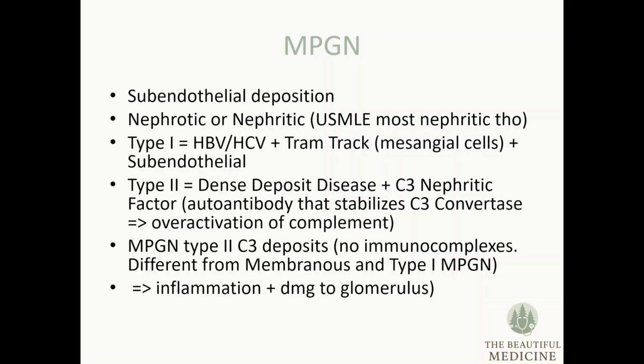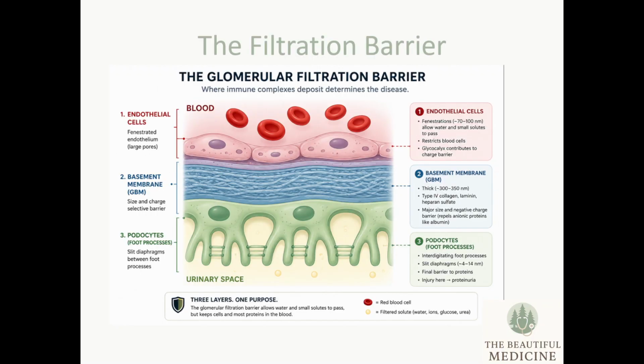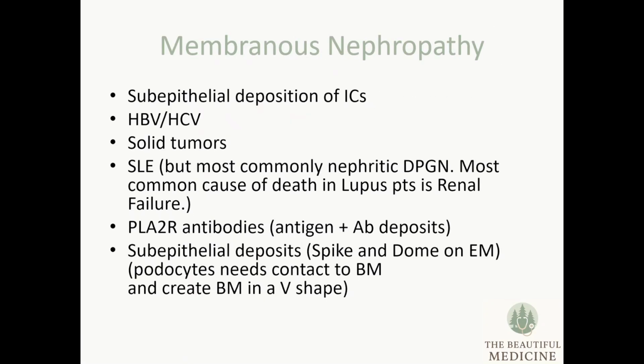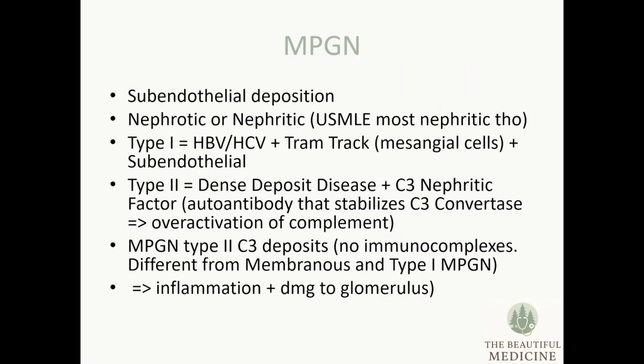In this case, we have subendothelial deposits. It's not subepithelial, it's subendothelial, and this happens right here. So in this region, we're gonna have deposits. So it's all about deposits, guys. It's nephrotic or nephritic, on the USMLE mostly nephritic, and it has different subtypes.